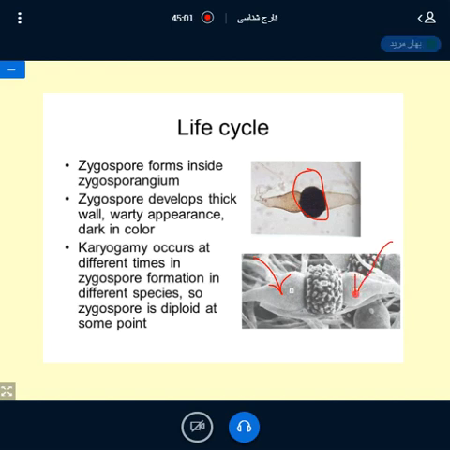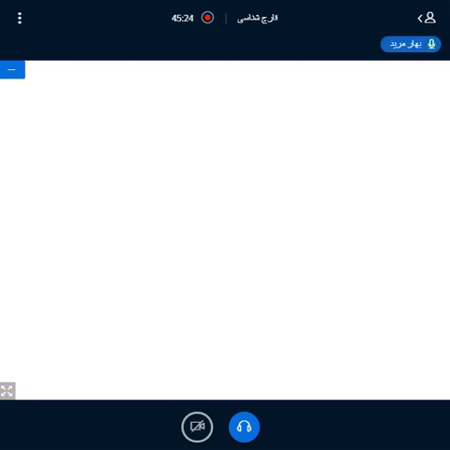There are male and female gametangia that fuse and form a dark, warty, thick wall spore. It can survive in unfavorable conditions.